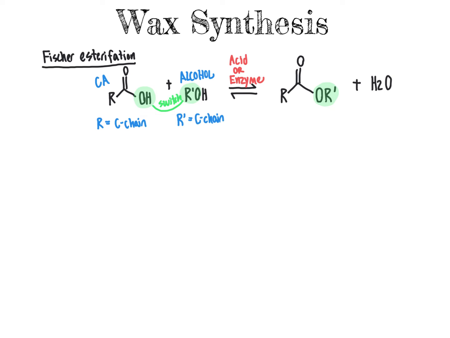So in the synthesis of wax, rather than this starting material here being a carboxylic acid that we typically think of as having a relatively short alkyl chain, instead, the specific carboxylic acid that's used is a fatty acid, which is defined as having a long alkyl chain, generally of 12 to 20 or more carbon atoms.